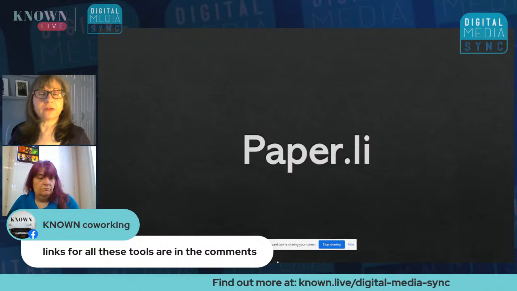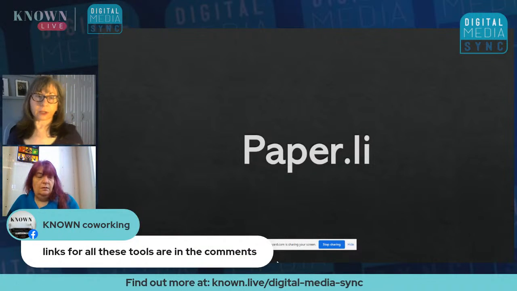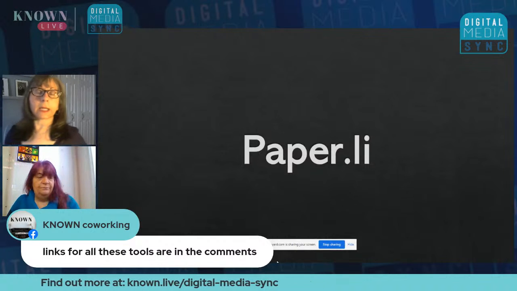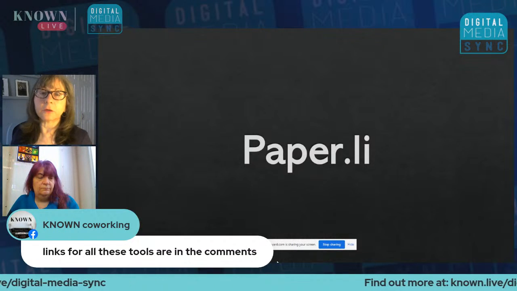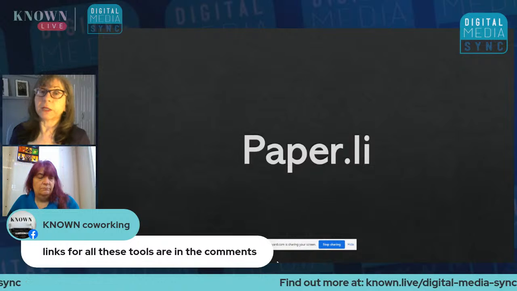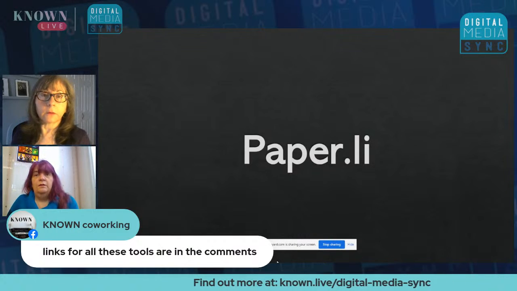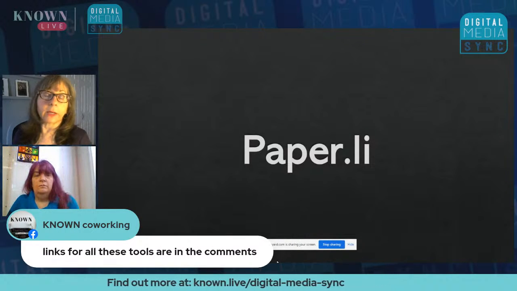Maybe from an agency perspective, if you were managing client accounts. So I'm not sure what the paid Paper.li gets you, but the free is so robust. I'm blown away.